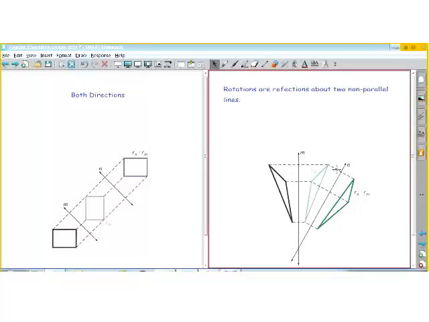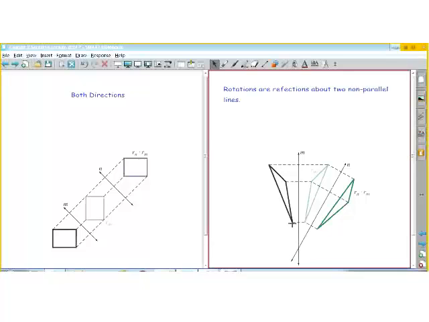Now we have the second axis, which is at an angle, and we reflect across this line. So this point goes to there, this point goes to there, this point goes to there, and you draw it, and it looks like the original figure, but it has been rotated around the point where the 2 lines intersect. So this is our center of rotation.